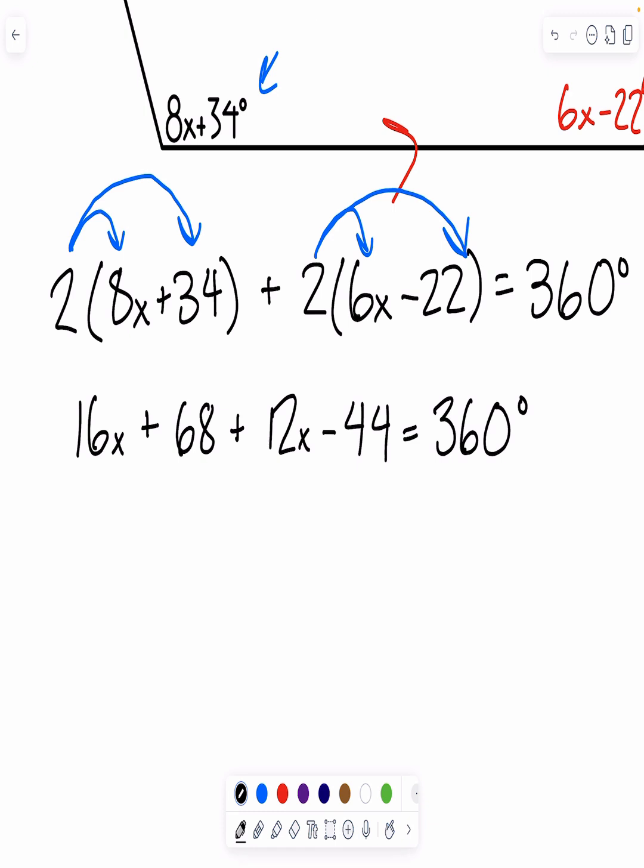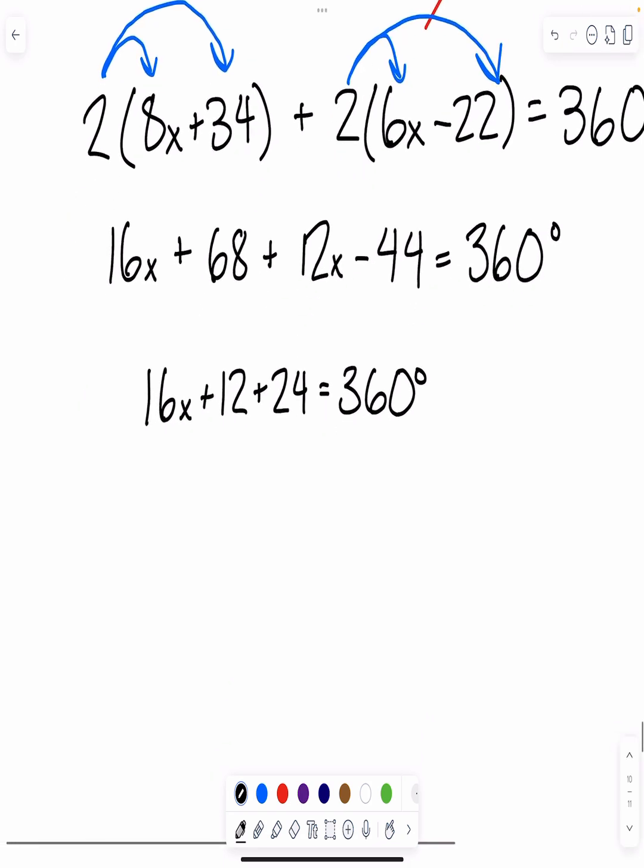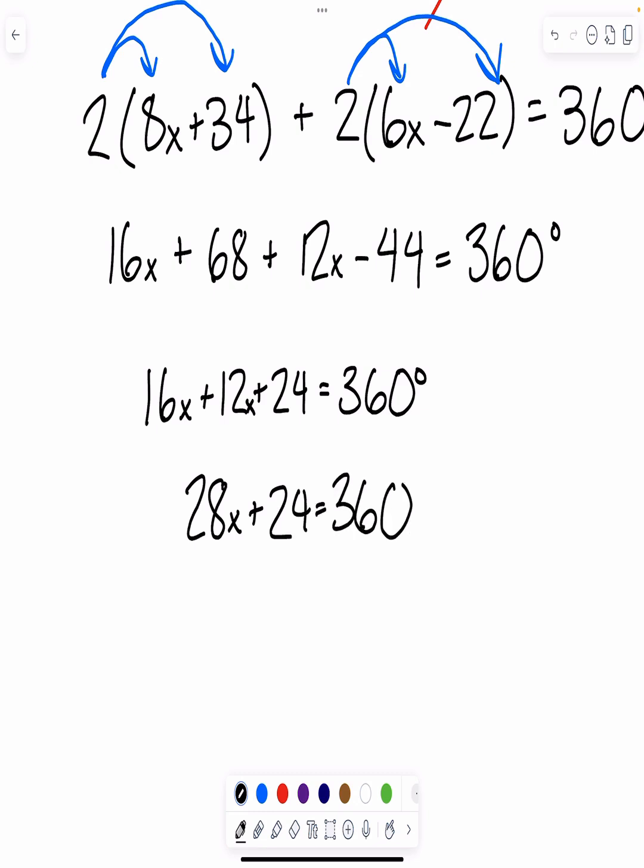68 minus 44: 8 minus 4 is 4, 6 minus 4 is 2, so that is 24. So 16x plus 12x plus 24 equals 360 degrees. 16 plus 12 is 28x plus 24 equals 360 degrees.